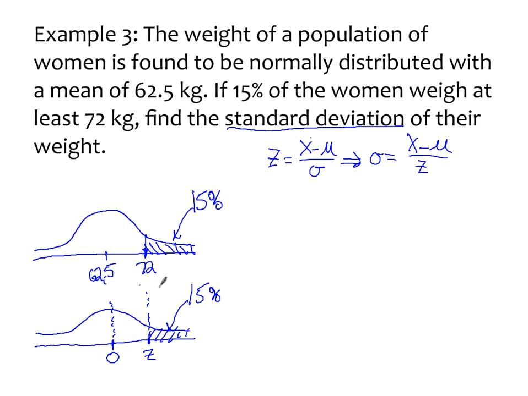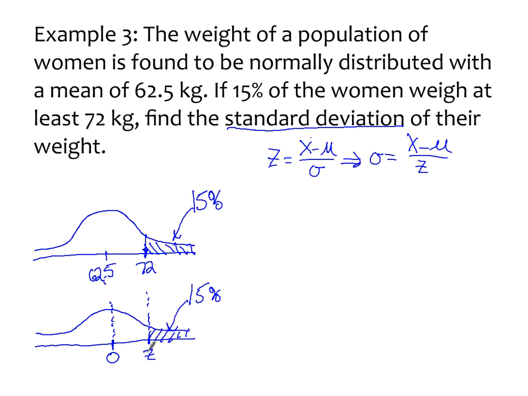So whatever this z value is, it's the same number of standard deviations from 0 that 72 is from 62.5. And that's going to allow us to then use that to find the standard deviation in the other distribution. Okay, so how do we go about finding what z is?